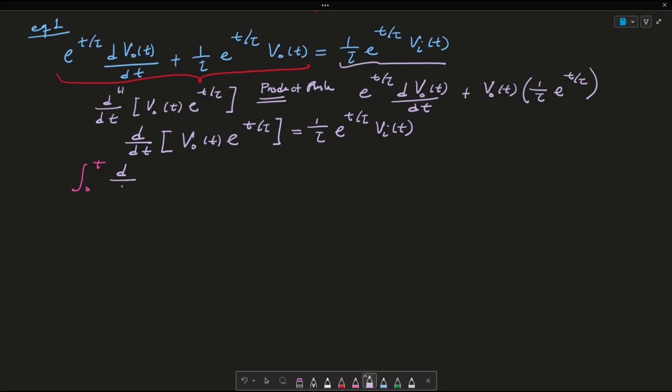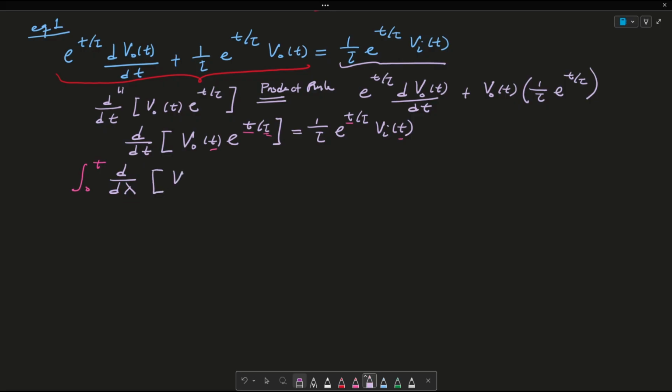So this is d over d lambda. Again, I need to change my integration variable t, so all these t's need to change because I'm integrating from 0 to t. I'm going to use a dummy variable lambda because I'm already using tau, which is my time constant equal to R times C, resistance times capacitance.